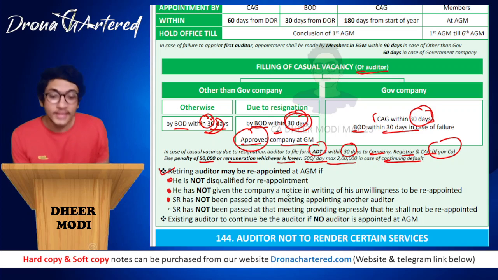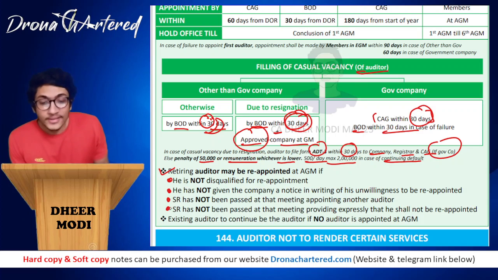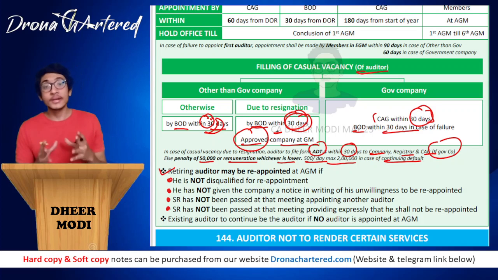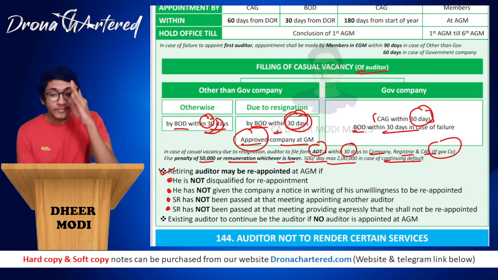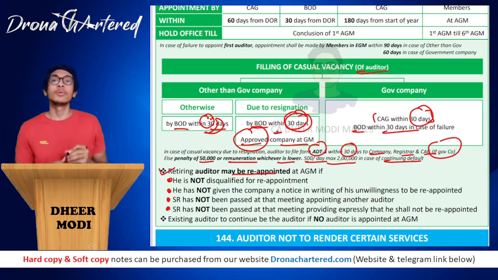Next, a special resolution has not been passed at that meeting appointing another auditor. That means if at that meeting we have not appointed any other auditor, only then. And the last is, a special resolution has not been passed at that meeting providing expressly that he shall not be reappointed. So until we have passed a special resolution in the meeting saying that this auditor shall not be reappointed, if all these conditions are satisfied, only then may your retiring auditor be reappointed at the annual general meeting.